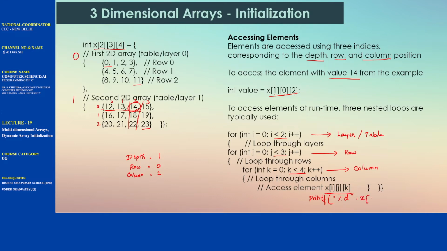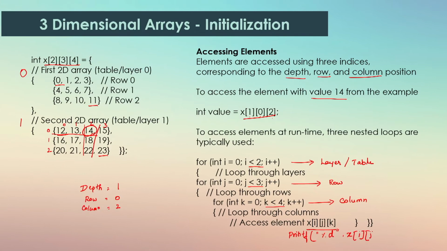So, x of i j k. This will allow us to print all the values that are stored in the 3-dimensional array. I hope now you are able to understand how the 3D array is organized, how it is stored in memory and how it can be accessed through the index representations or subscript representation.